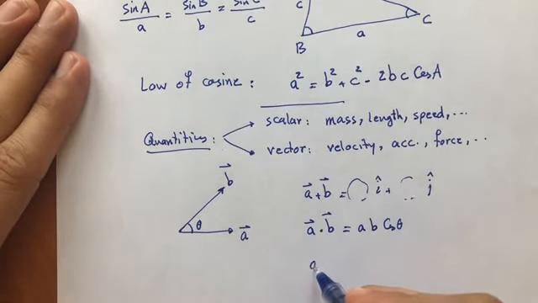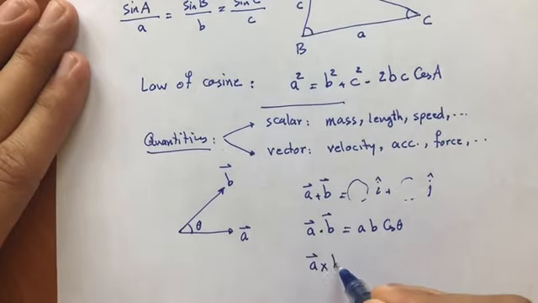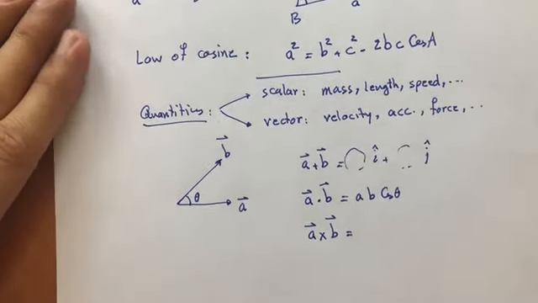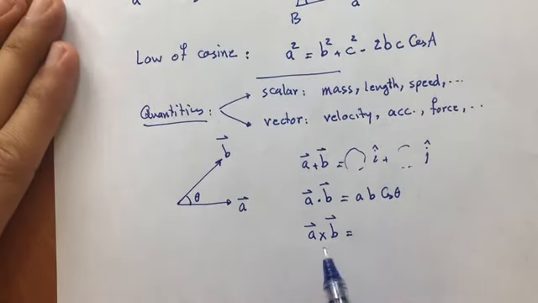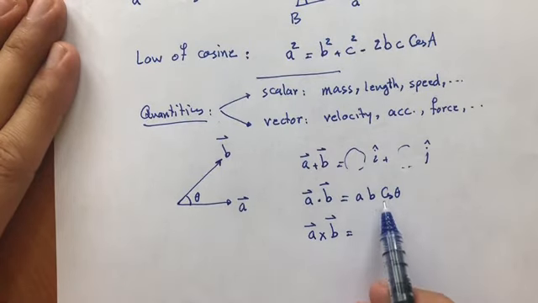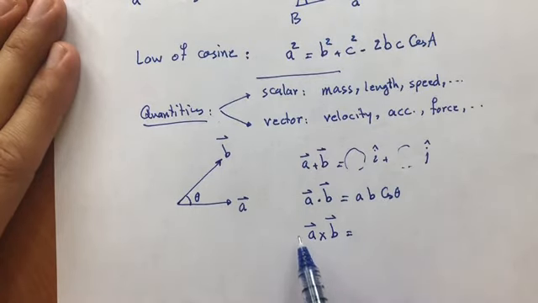And similarly, we have the cross product, which was quite useful in statics, and it's going to be very useful in dynamics too. If you cross product two vectors, the result is not going to be a scalar like the previous one. We are going to have a vector.